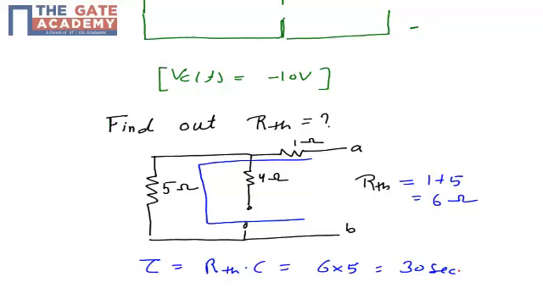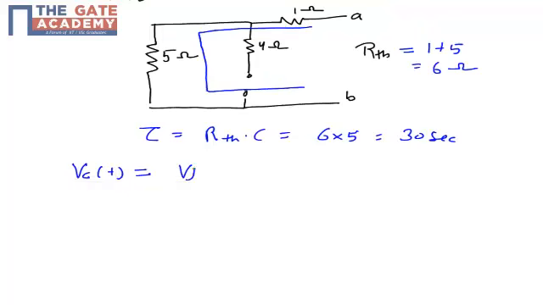From the network analysis of the charging or discharging of the capacitor, we know that the expression of the capacitor voltage VC(t) is equal to VF, the final value of voltage across the capacitor, plus (VC0 minus VF) into e raised to power minus t by tau.